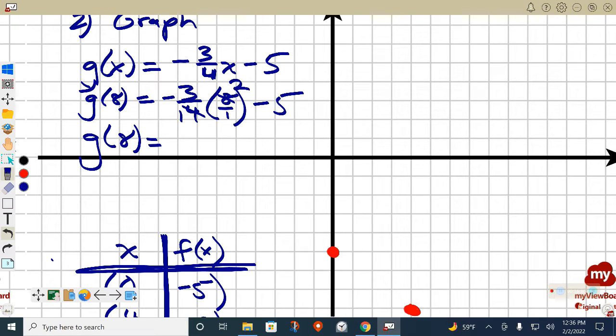Notice it got rid of the denominator. Makes life easy. That's the whole point. Again, I was strategic about picking my x values, so it gets rid of the fraction. Nice. Now numerator times numerator.